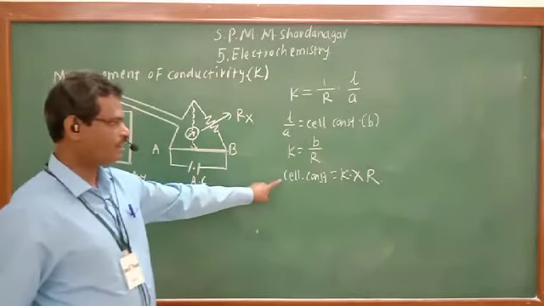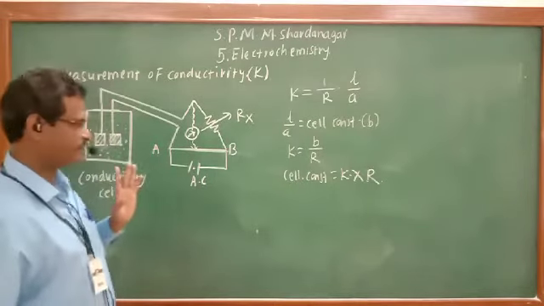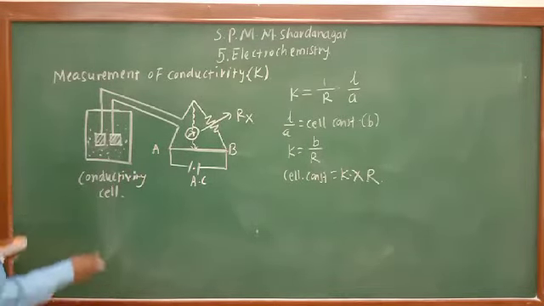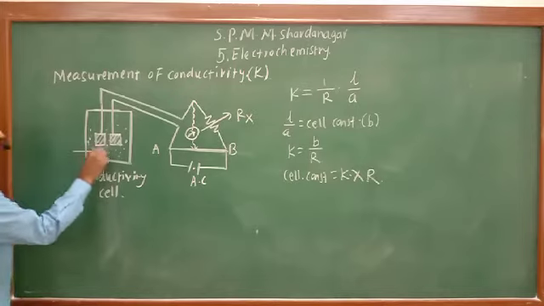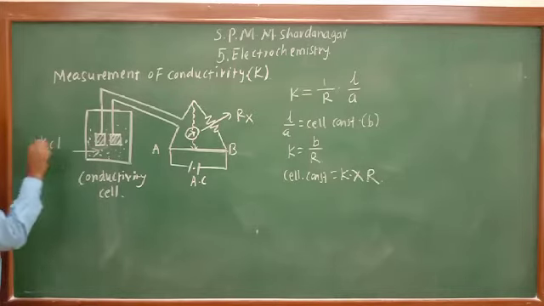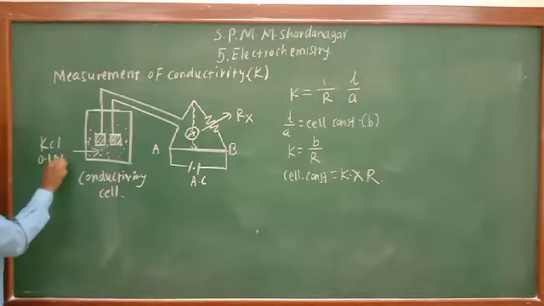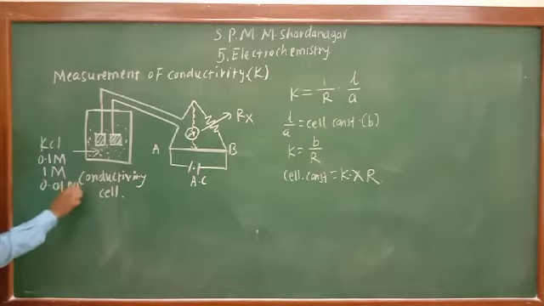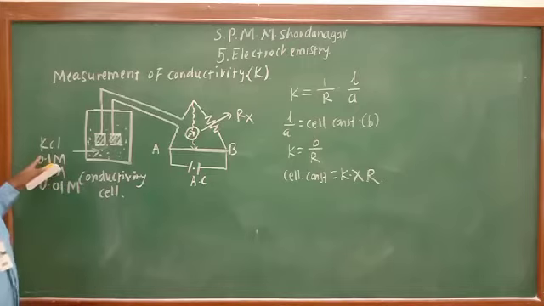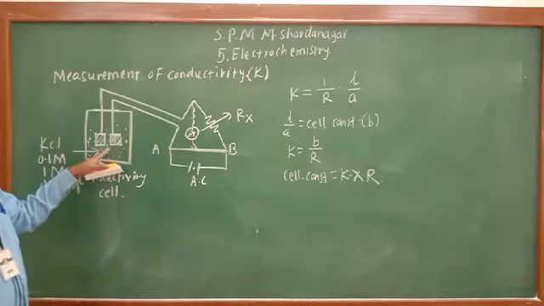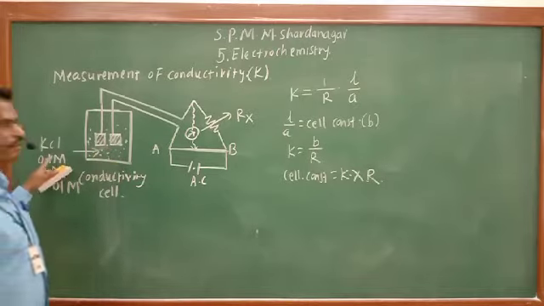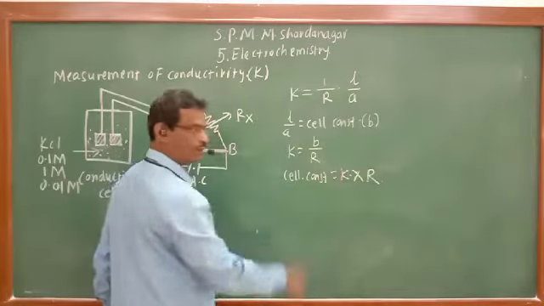So first of all, cell constant is calculated. For calculation of cell constant, a solution of KCl is taken having a concentration of either 0.1 molar, 1 molar or maybe 0.01 molar, and the value of conductivity of KCl, K, is known.